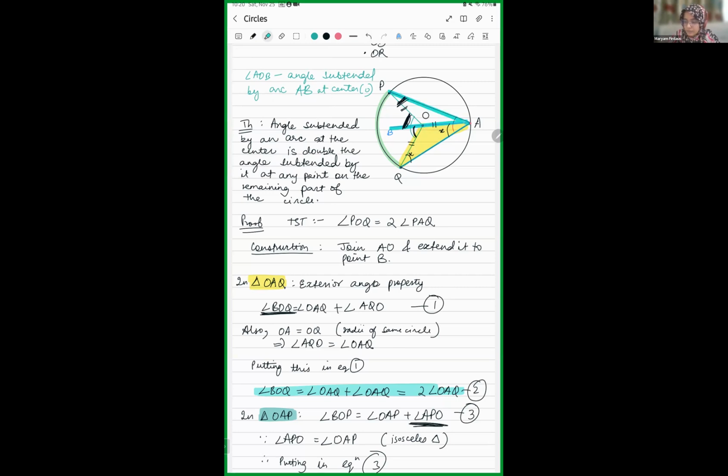POQ and PAQ. No, I'm asking again, listen very carefully.